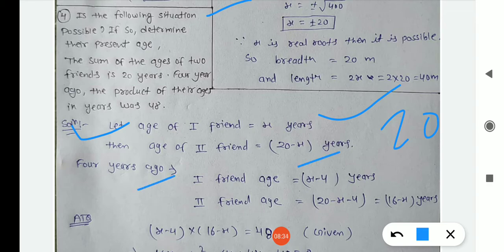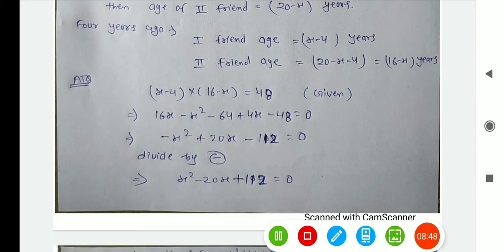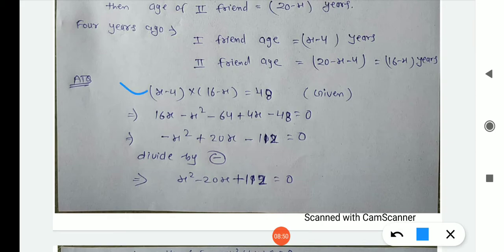Then 4 years ago the first friend's age is x minus 4. Okay, and the second friend's age is 20 minus x minus 4. It means 16 minus x years. Then according to the question, the product of their ages 4 years ago, it means x minus 4 into 16 minus x, is 48. This is given in the question.